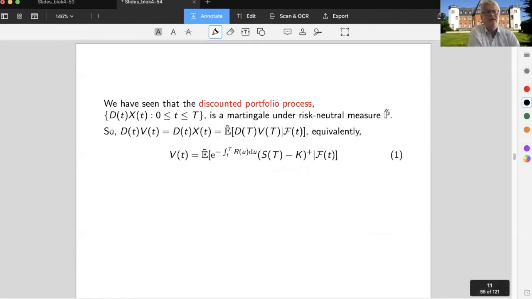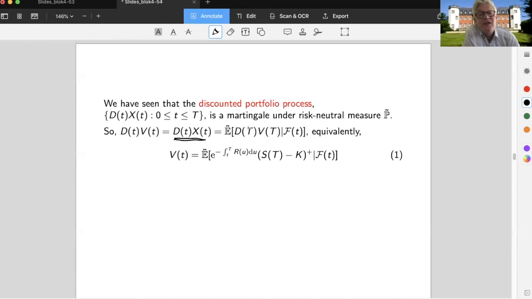That tells us essentially that the discounted portfolio process at time t should be equal to the expected value under the P tilde measure, denoted by this expectation operator with a tilde on top. So the expectation under the P tilde measure of the discounted option value at final time, given the filtration up to time t.